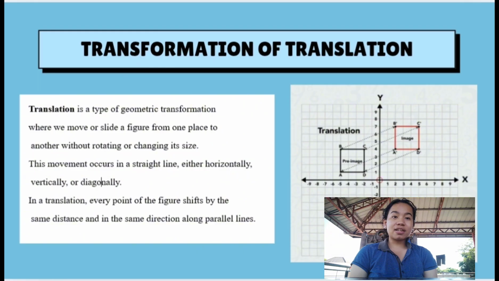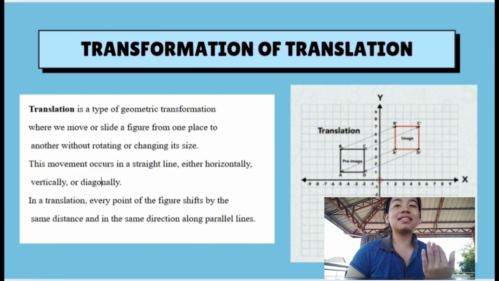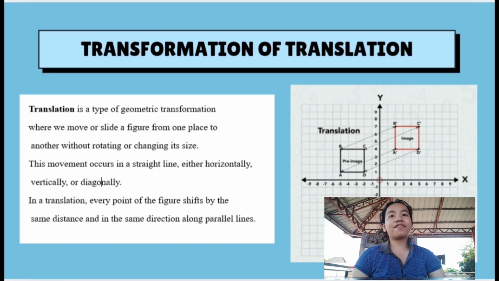In translation, every point of the figure shifts by the same distance and in the same direction along parallel lines. So as you can see in the figure, as the pre-image is applied with translation, it is now sent to the first quadrant of the coordinate plane.